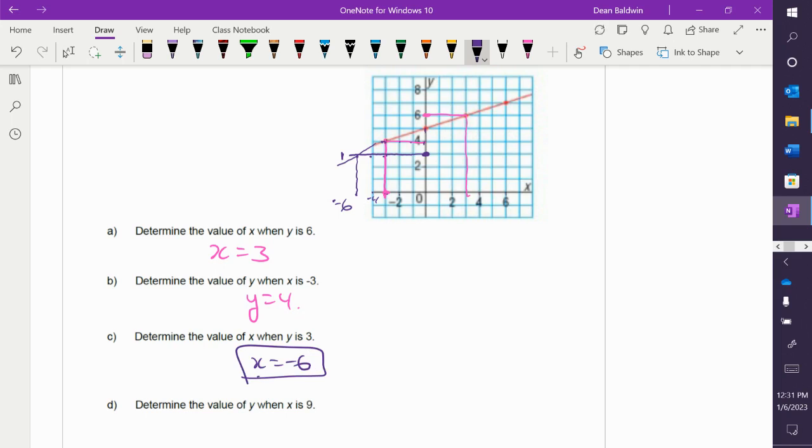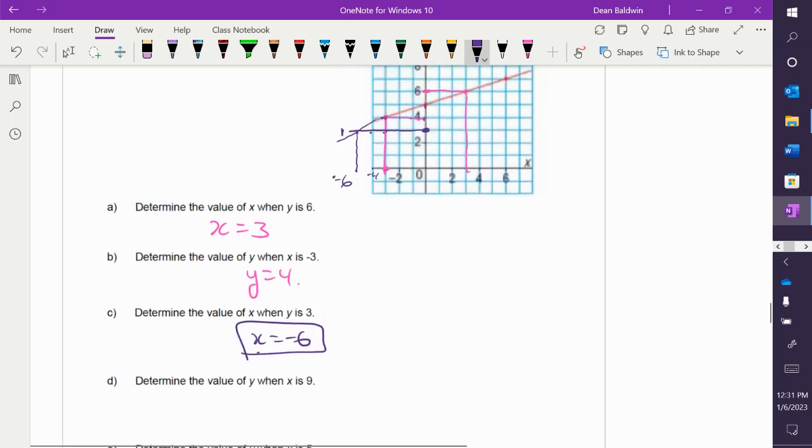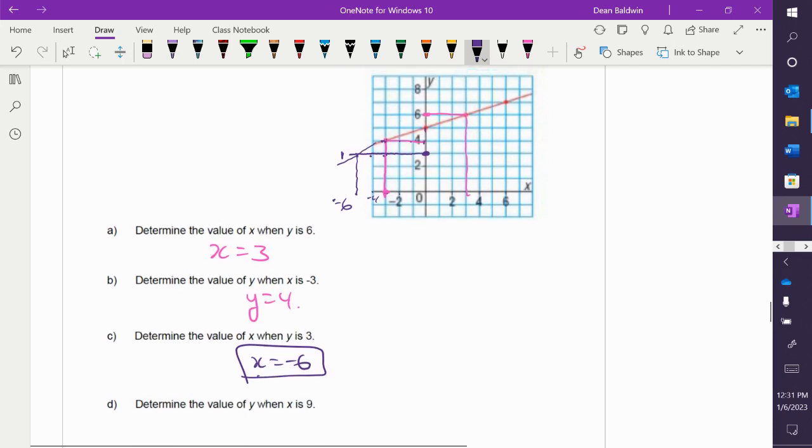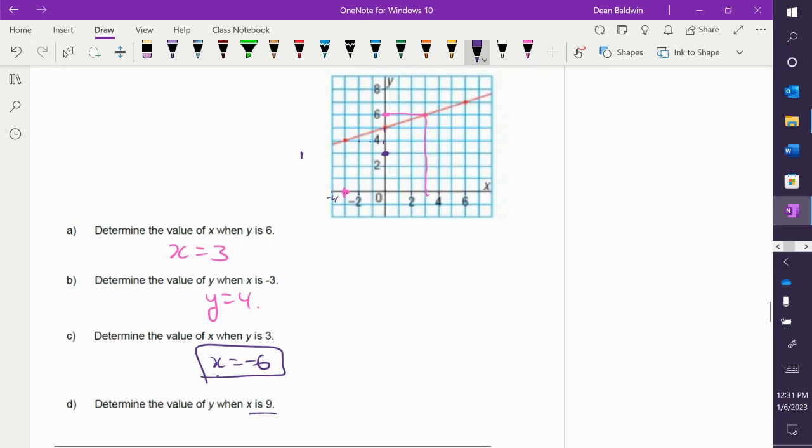And D, x is 9, so we're way over here. 6, 7, 8. There's 9. If we're going down 1 and over 3, we're going up 1 and over 3 to the right, correct?